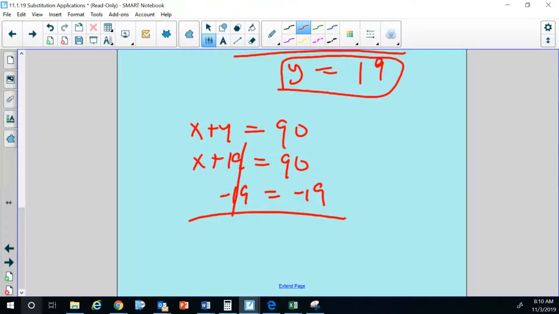That goes away. That is what x is equal to. 90 minus 19 is 71. So x is equal to 71. Okay, so I just found my x and y values. So that's number one.